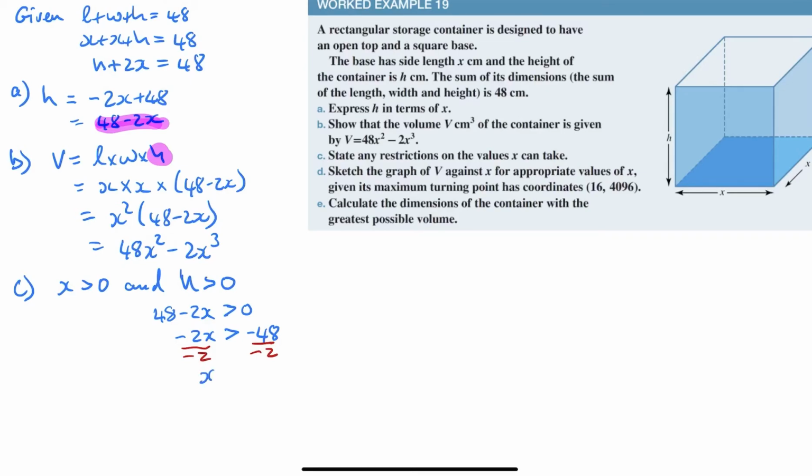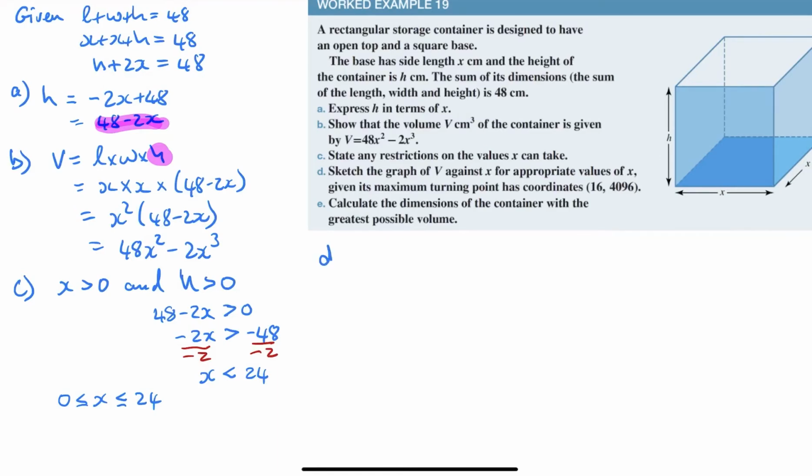So this becomes x is less than, negative divided by negative is positive, 48 divided by 2 is 24. So x must be greater than 0 and x must be less than 24. It can be 0 or equal to 24, but then there's no volume. So my restriction is 0 is less than or equal to x, less than or equal to 24. So that is my restriction for x.